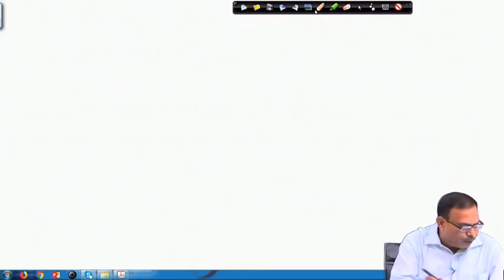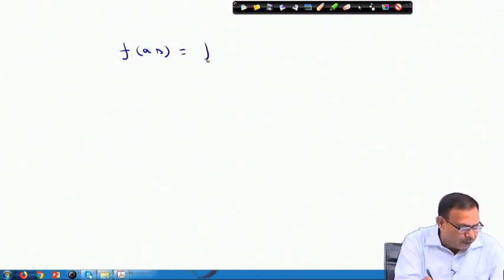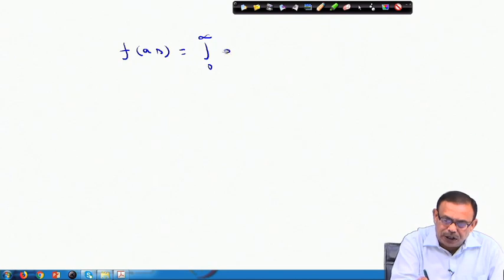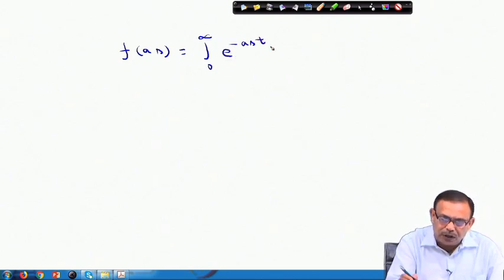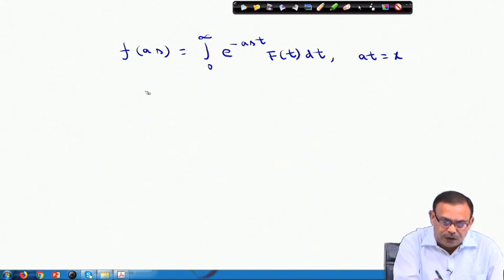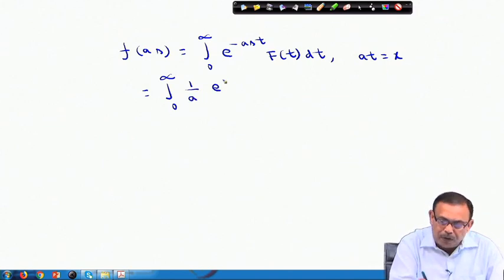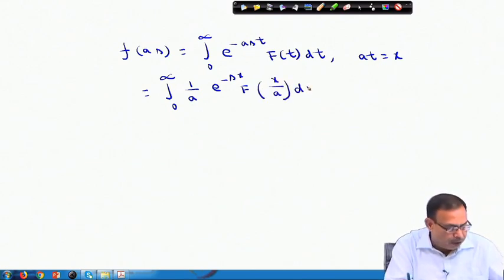For the proof, F(as) is nothing but the integral from 0 to infinity, since it is as there, of e^(-ast) f(t) dt. On this, if you substitute at equals x, this will become the integral from 0 to infinity, with 1 by a coming out, of e^(-sx) f(x by a) dx.